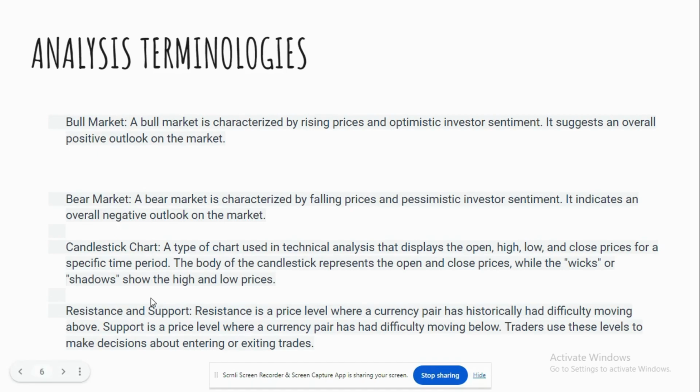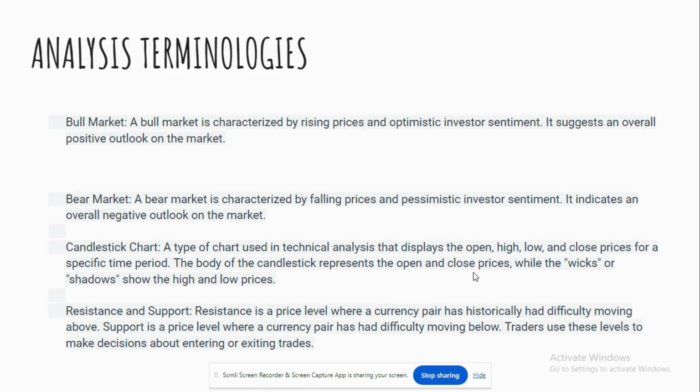Okay, I'm going to explain each and every one of them, step by step, slowly by slowly. Candlestick chart is a type of chart in technical analysis, and in technical analysis we go to TradingView, that displays the open, high, low, and close price for a specific time period.